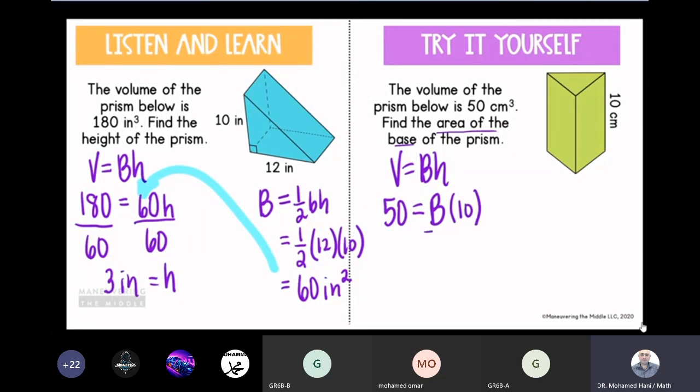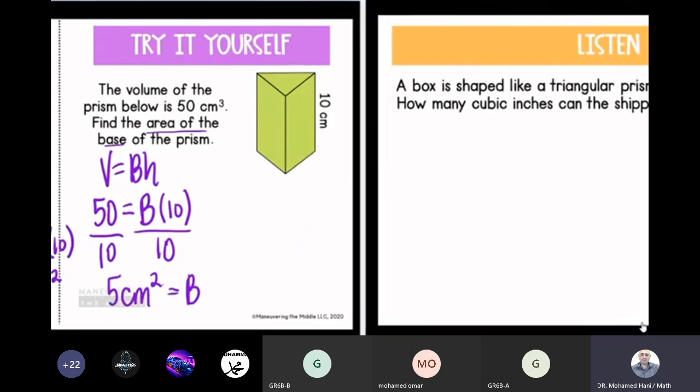So we can use our inverse operations to solve for big B. We can see that 5 centimeters squared will represent the area of the base. And because that's all that it's asking, we don't have to do any other calculations.